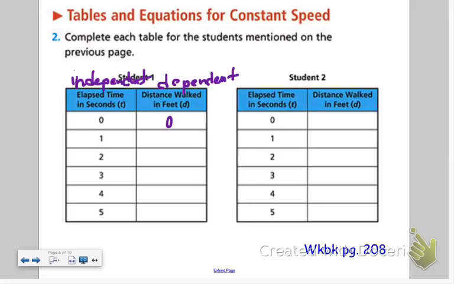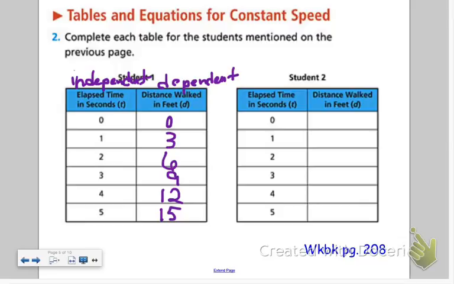Because if no time has passed, then obviously they haven't traveled anywhere. They haven't gone any feet. But if 1 second has passed, now we're up to 3 feet. 2 seconds, okay, now we're up to 6. 3 seconds, now we're up to 9. And you get the idea that each time we're increasing it by 3.